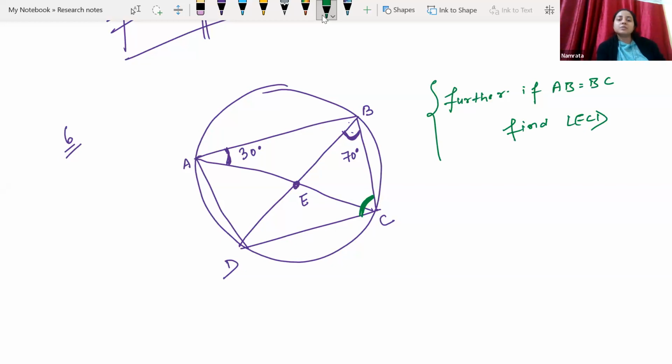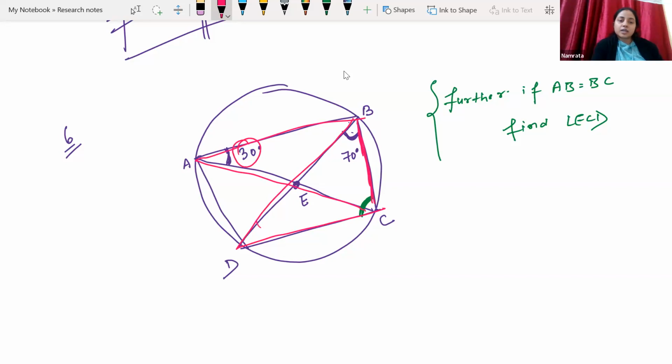First, let's find BCD. So what can be done over here? Any idea? If we take this chord, can we say this is making an angle here and this is making an angle there?